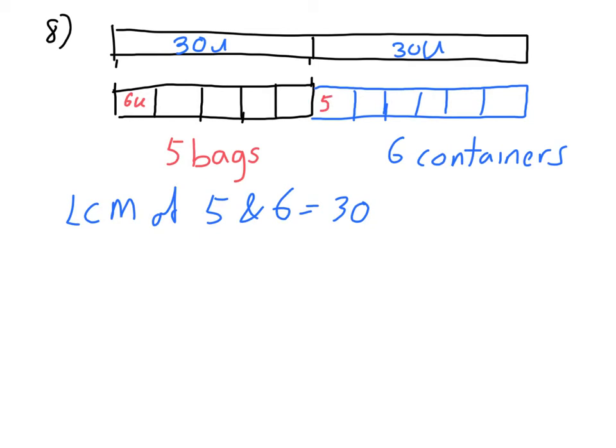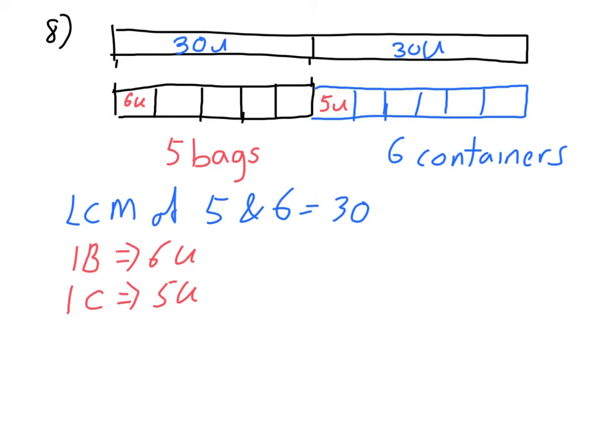Excellent. Okay, so now can you all see? Total lemons equals to 60 units. Then one bag is 6 units. One container is 5 units. Can see? Okay, now we can do.